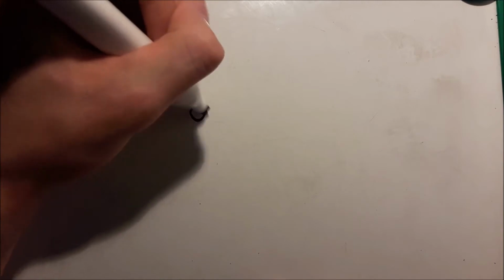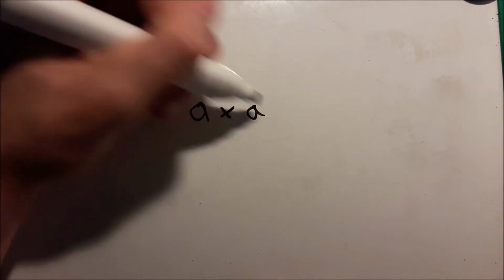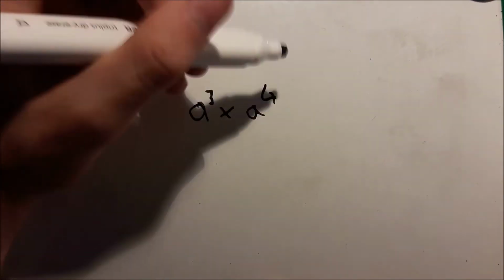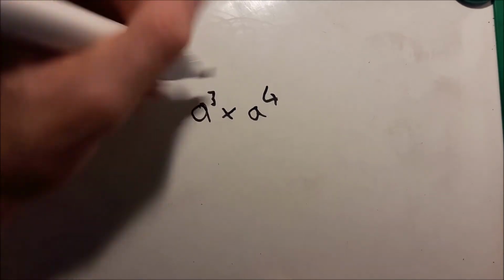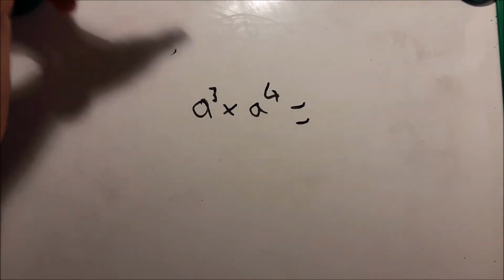Now we're going to go to the next one. This one is going to be a bit easier. We have a cubed times a to the power of 4. What is this? It's quite simple because we did exponents in the last video, so you can watch the last video as well.